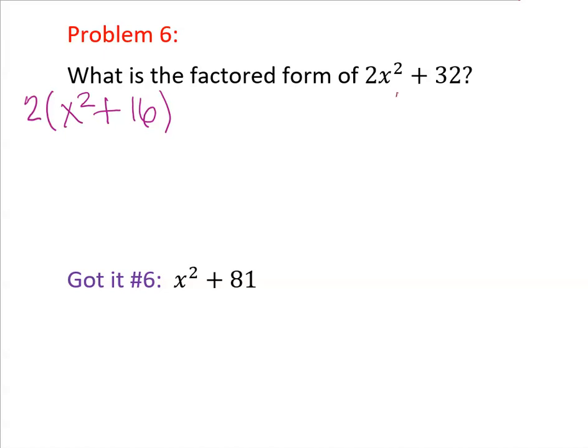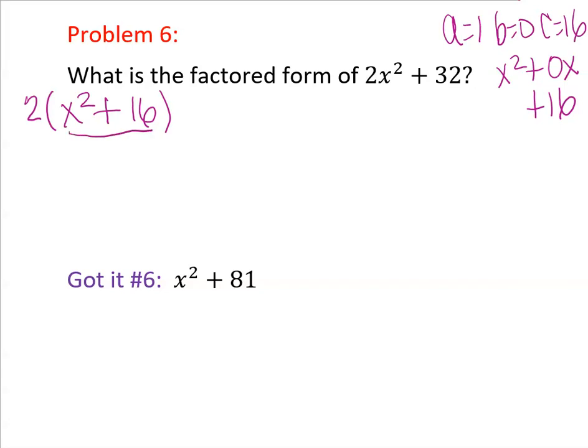So I'm going to rewrite it like 2x squared, and I don't even really need the 2. Let's go x squared plus 16. There would be a 0x in the middle, plus 16. So my a is 1, b is 0, c is 16. Okay, so I'm only working with this part right here because the 2 just makes the numbers bigger.